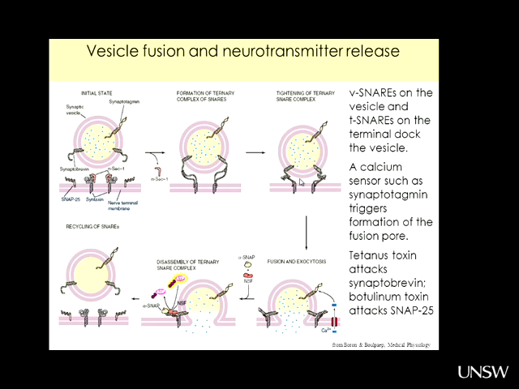Then, when the calcium comes in, and we saw in that previous electron micrograph that the calcium channels are sitting here very close by, we get a high calcium concentration, then we can trigger fusion of the vesicle with the membrane. Okay, again, the textbook picture is not very snappy, I don't think.